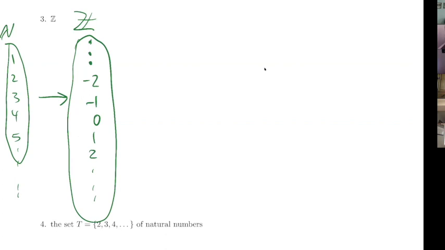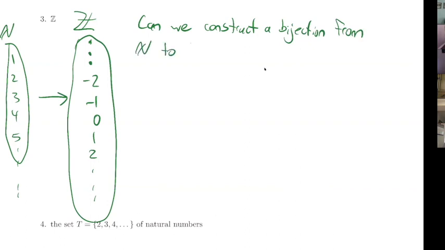So we want to come up with a bijection, and we can. So Z actually has the same number of elements as the natural numbers.